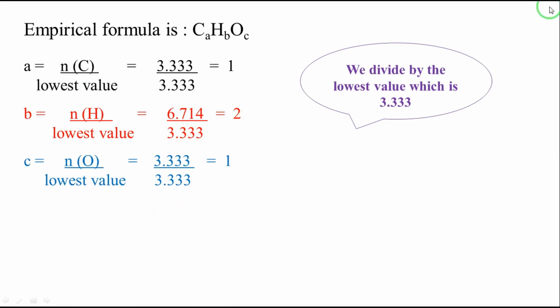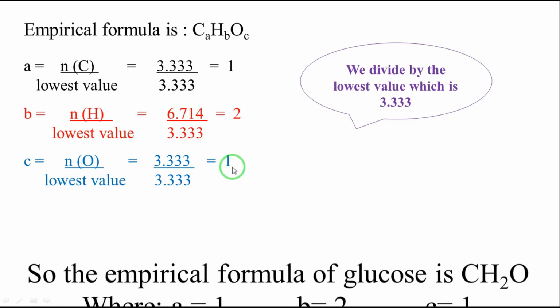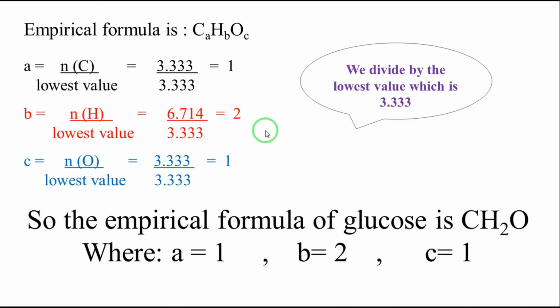Now, for c, it's equal to the number of mole for oxygen divided by the lowest value again, and it's equal to 1. So here we can deduce that the empirical formula of glucose is CH2O. So here we have 1 carbon atom, 2 hydrogen atoms, and 1 oxygen atom.